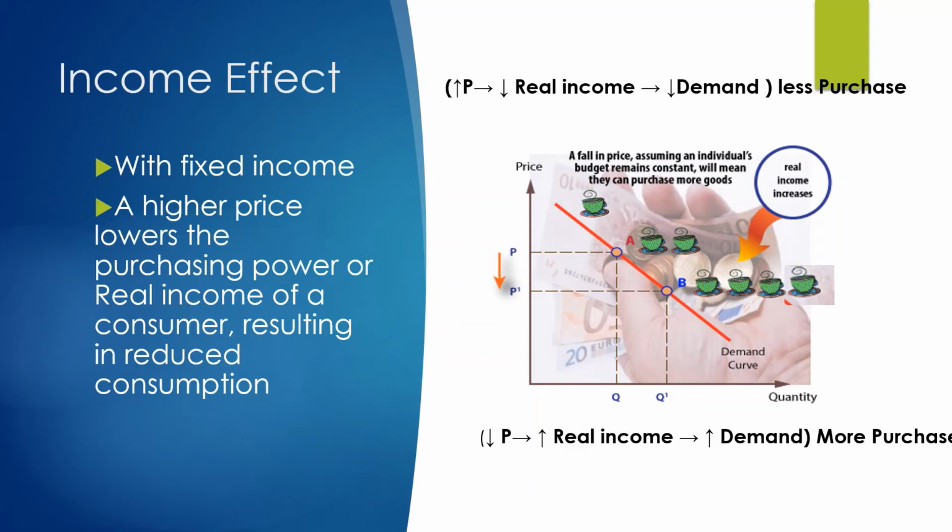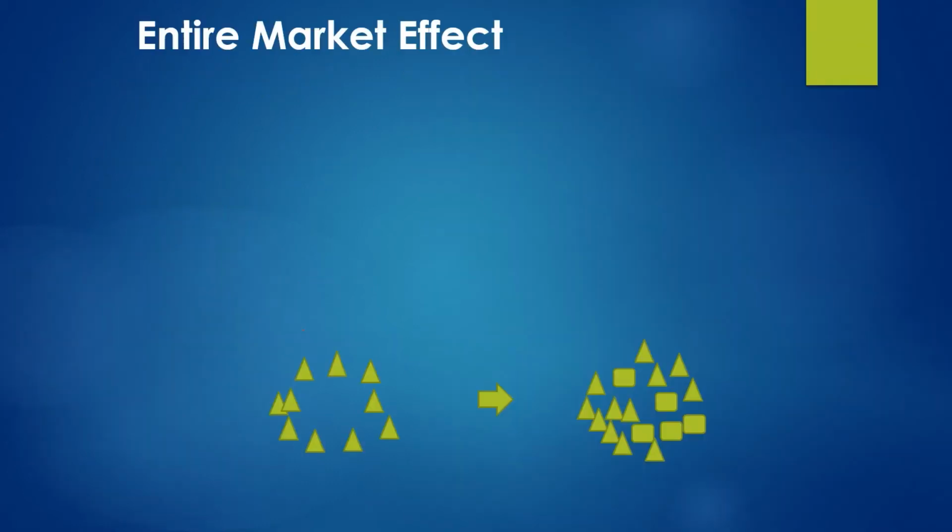So let us move to the next reason for having a negative or inverse relation between the quantity demanded and the prices of the good. Okay, the third reason for having an inverse relation between prices and the quantity demanded is the entire market effect.